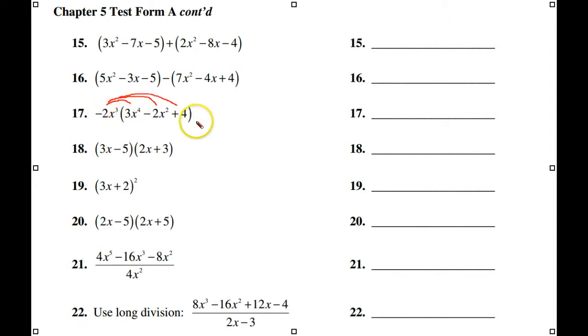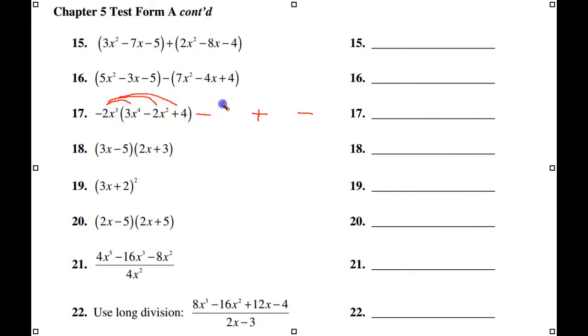Well, this one is going to be a negative something. The second term is going to be negative times negative. That's going to be a positive something. And this will be a negative times a positive. That will be a negative something. And now you don't have to worry about the signs anymore.